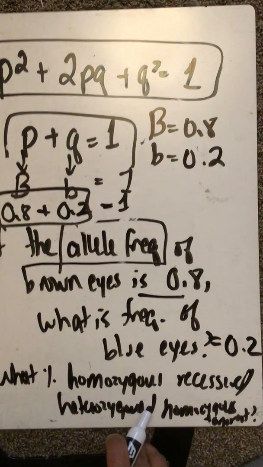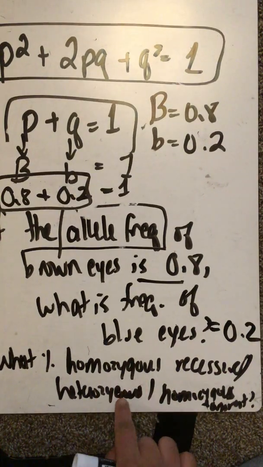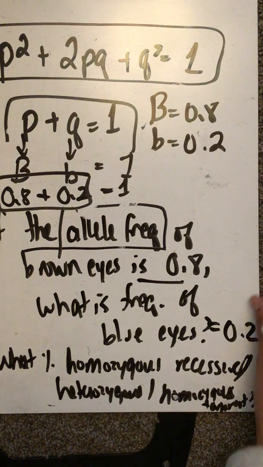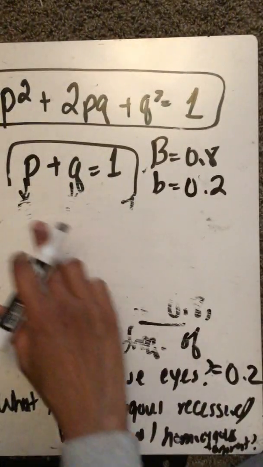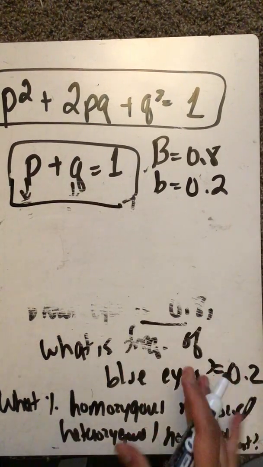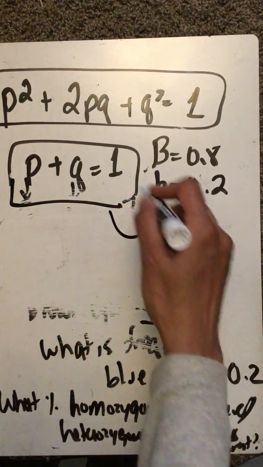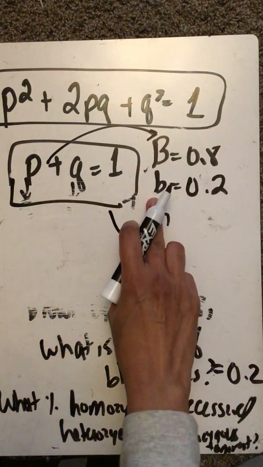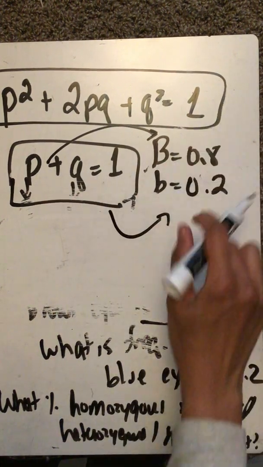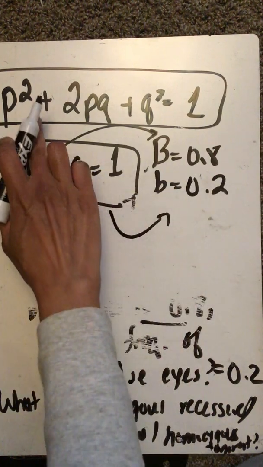And then when it asks what percentage is homozygous recessive, heterozygous, or homozygous dominant, once I know p plus q is equal to 1, and I assign the numeric values, where p is big B and q is little b, I can plug these values into this equation.